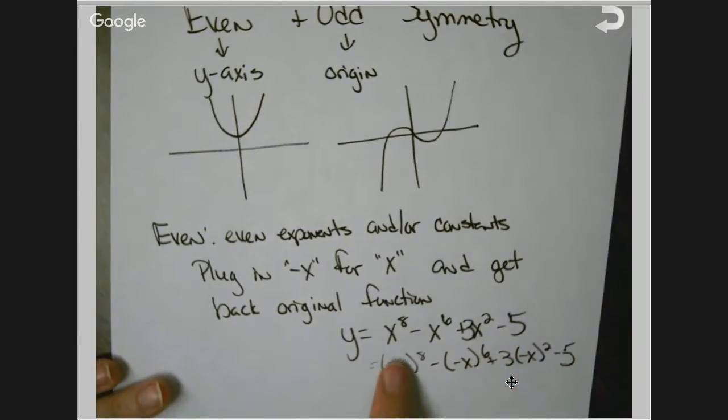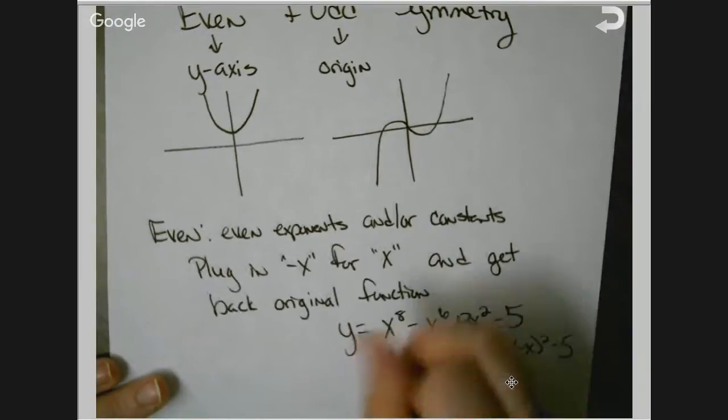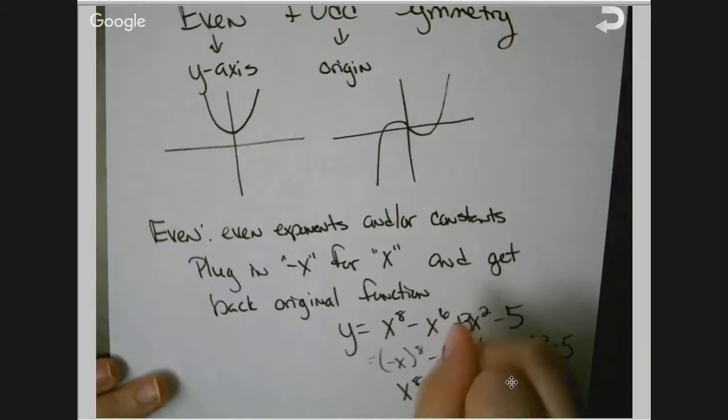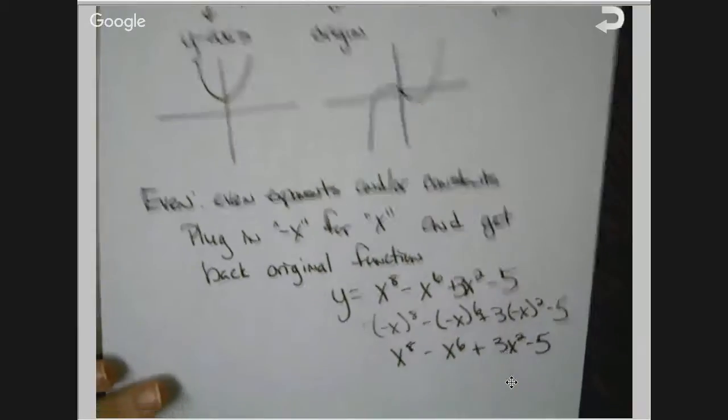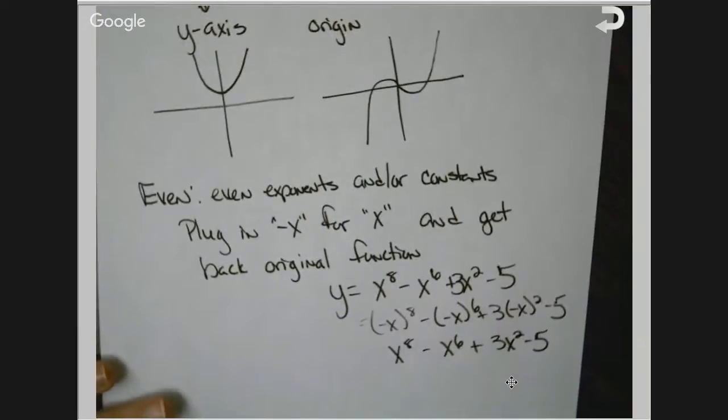Each of these negative x's, because they're attached to an even exponent, just become x again. So x to the 8 minus x to the 6 plus 3x squared minus 5. So it ends up coming back to the original, so it's an even function.